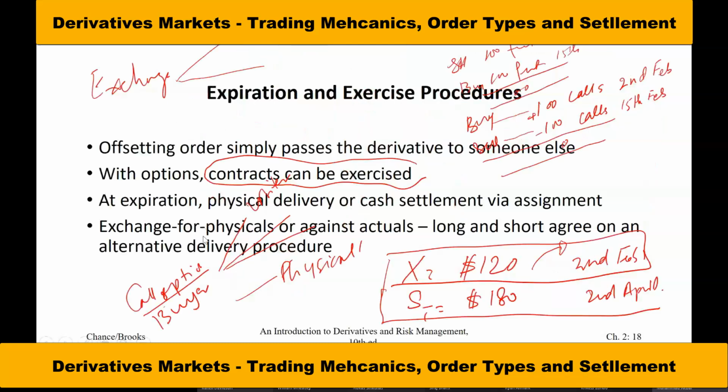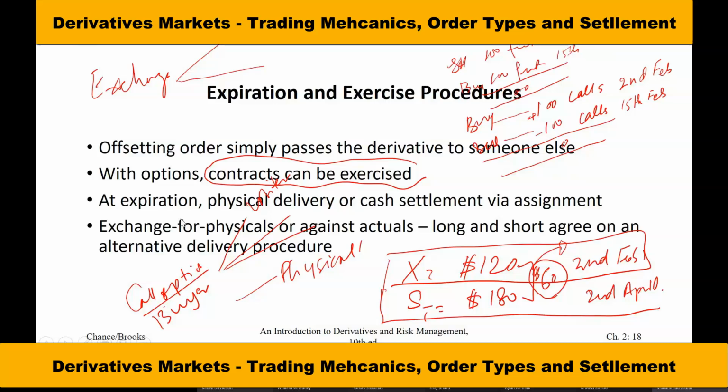If I don't want to have a physical delivery, I can ask the exchange to arrange a cash settlement, in which case the exchange will credit $60 to my account because that is the cash settlement. I don't need to make a $120 payment. The net payment that the counterparty owes me is $60, and that will be credited to my account.